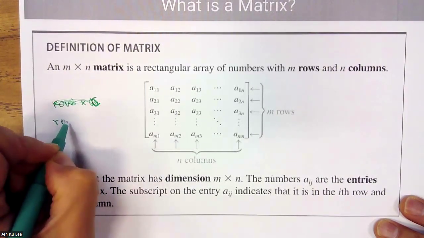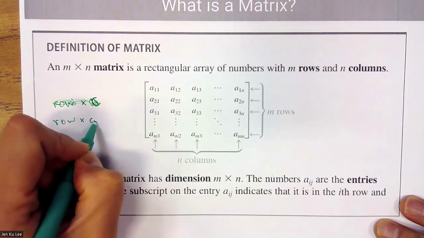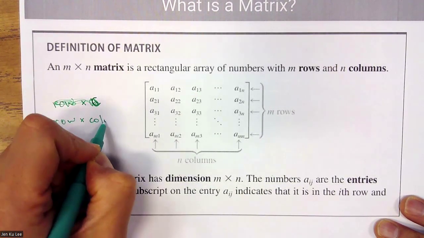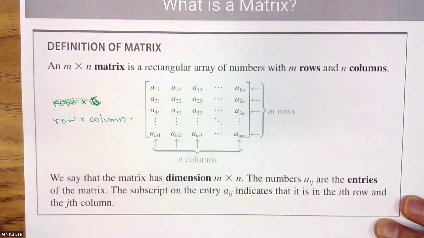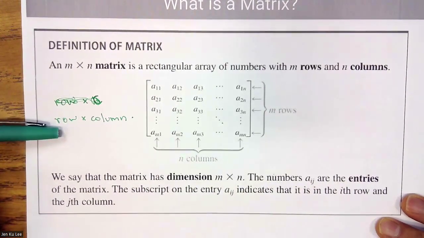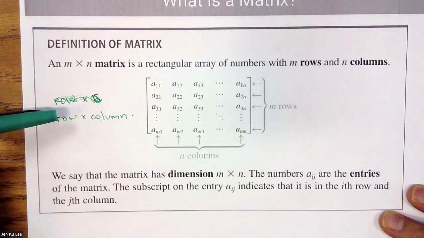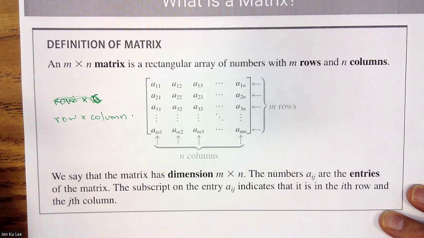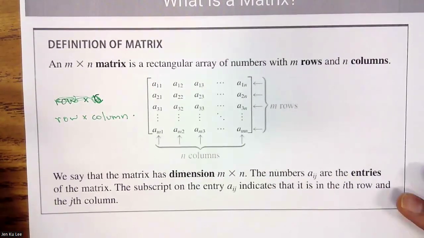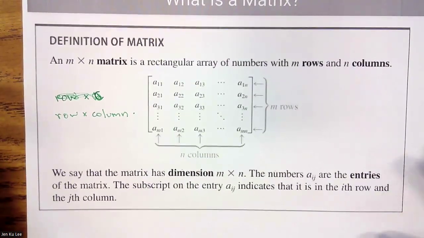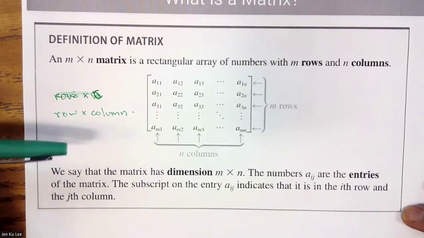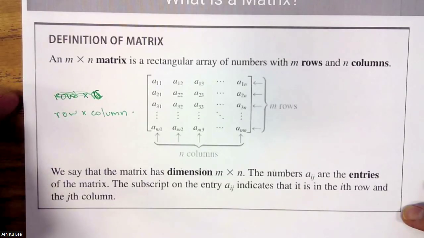It's row by column. That plays an essential role when we are talking about multiplication of them. So the dimensions are going to be that.